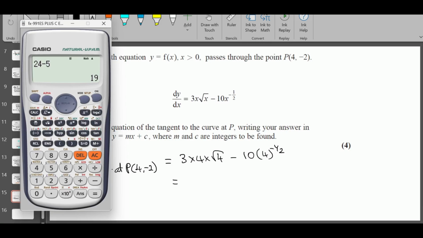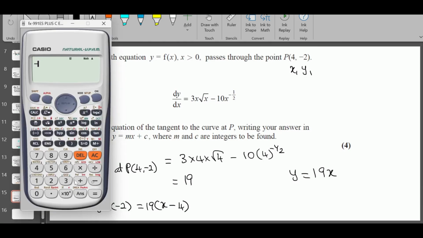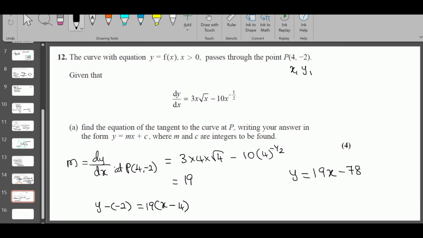You get 19. You have a point, take it as x1, y1, you have a slope, you can write the equation y minus y1 is equal to slope times (x minus x1). So y is equal to 19x minus 19 times 4, and then plus 2 comes here, minus 2, so minus 78. That's all. That's just an easy 4-mark question from differentiation.